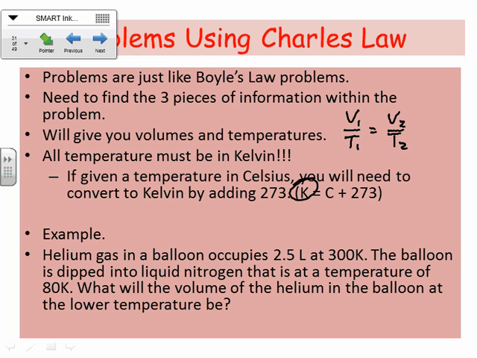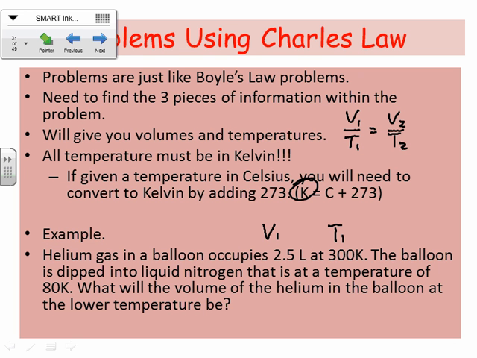Okay, so we've got a balloon, and we've got 2.5 liters. Now, what is 2.5 liters? That's a volume, right? So let's call that our V1. 300 Kelvin, 300 K, that's our temperature, so we'll call that T1. Now, again, make sure these are related.